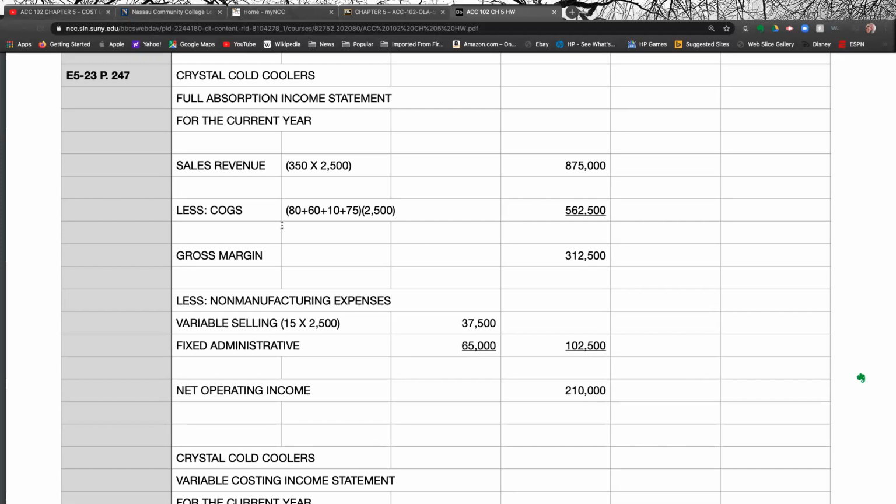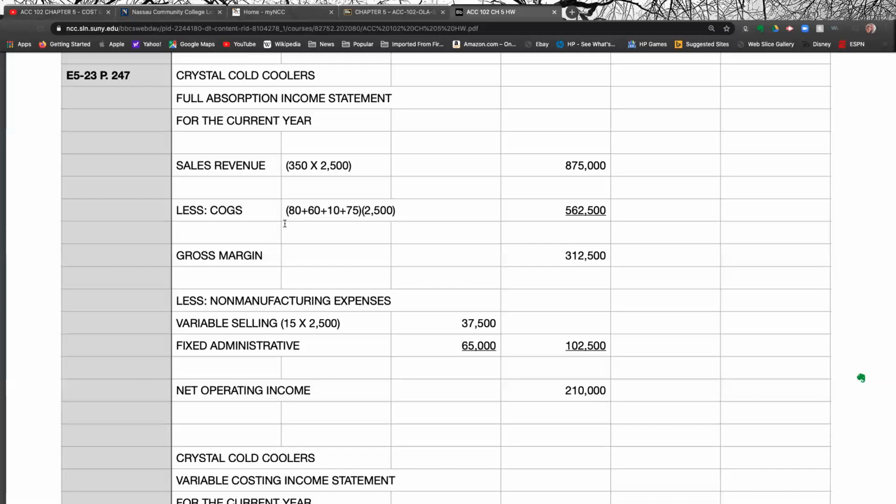Minus cost of goods sold. Now they give you a lot of unit amounts here. So what's cost of goods sold? It's direct materials, 80, direct labor, 60, variable overhead, which is 10, and fixed overhead, which is 75. Right? They give you those numbers.